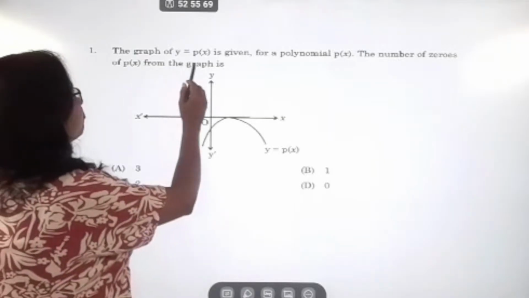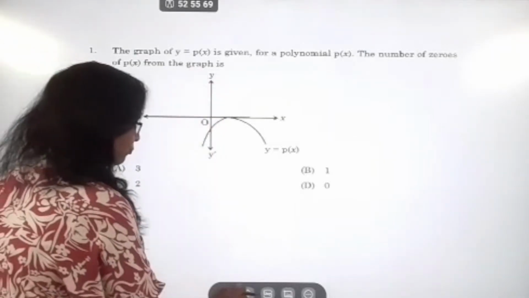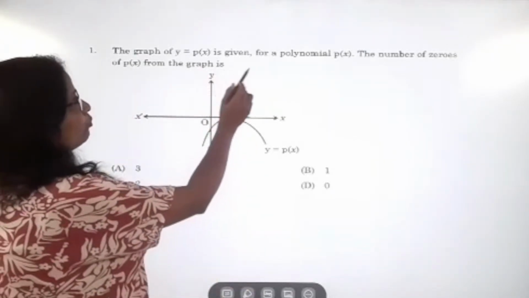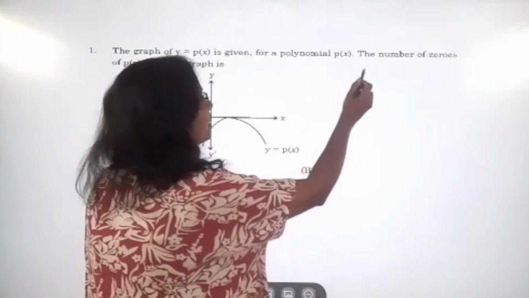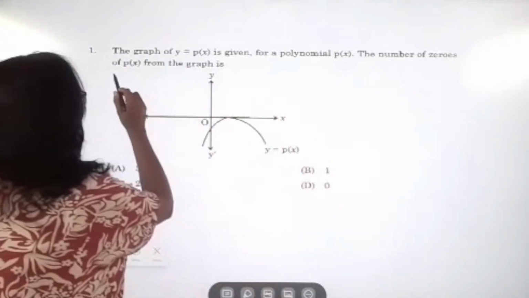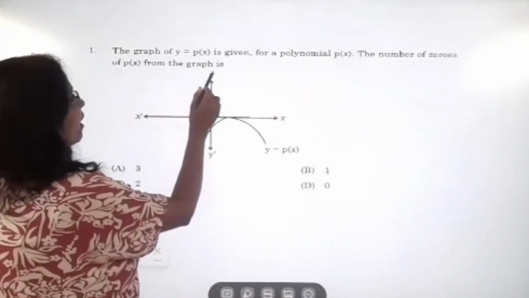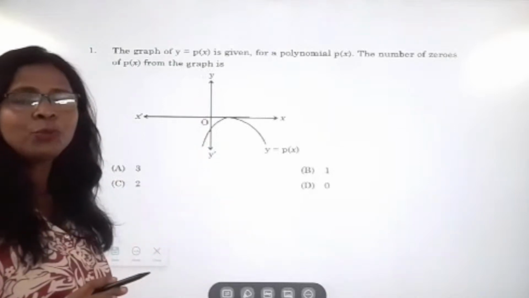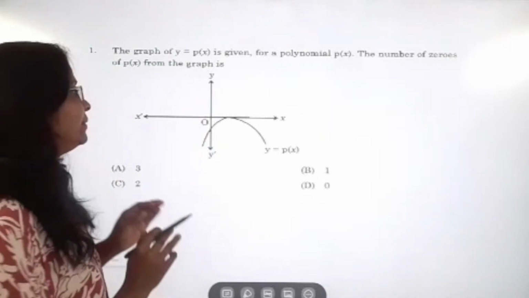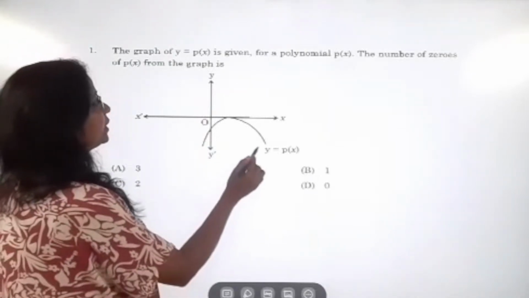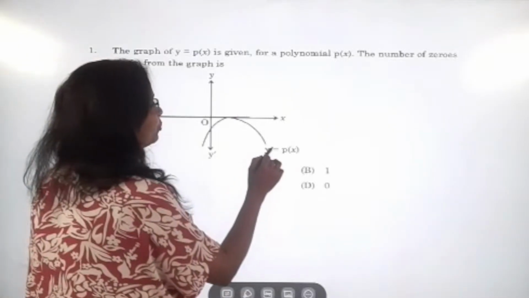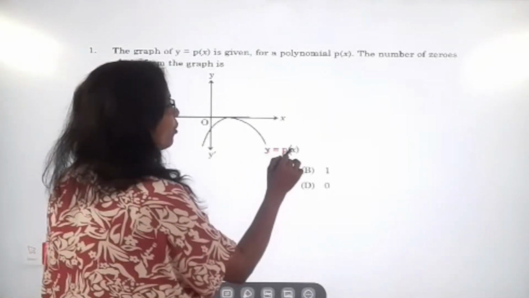See here students, first question. The graph of y is equal to p of x is given. For a polynomial p of x, the number of zeros of p of x from the graph is. So now here students, there is a graph and that graph is for the line y is equal to p of x.